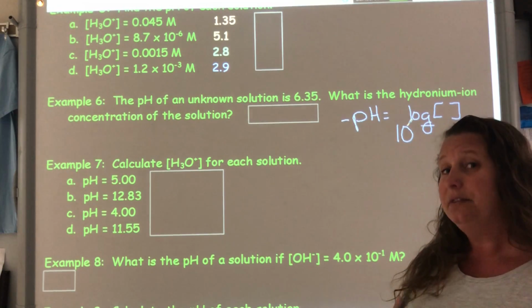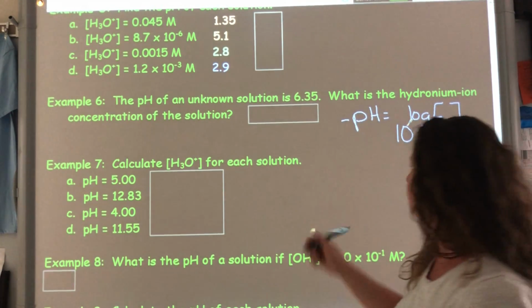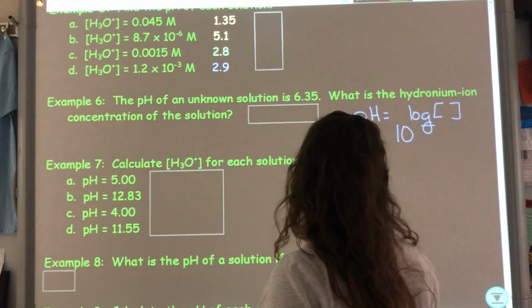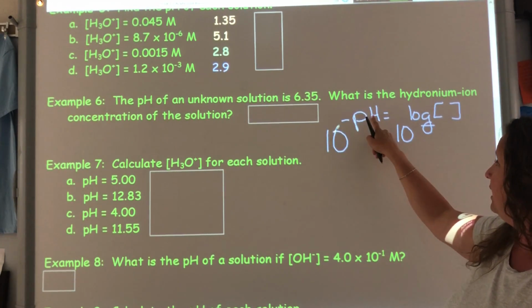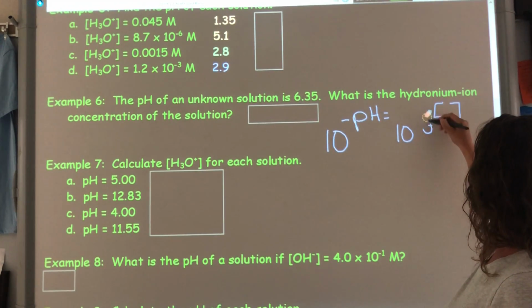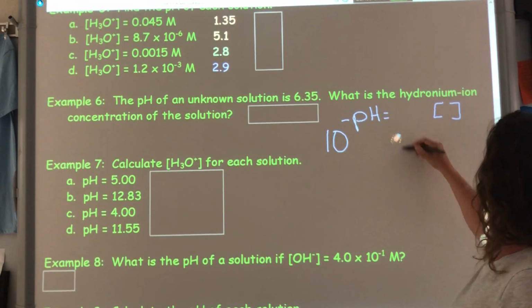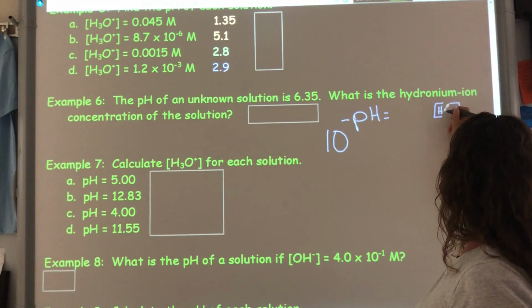On the other side, that's exactly what we have to still do, again, algebraically, right? So now what we find out by doing this, 10 to the negative pH, will actually give me the hydronium ion concentration. Let's write that back in there.